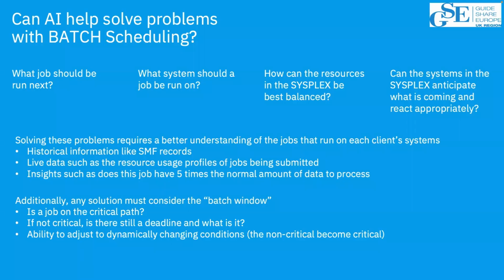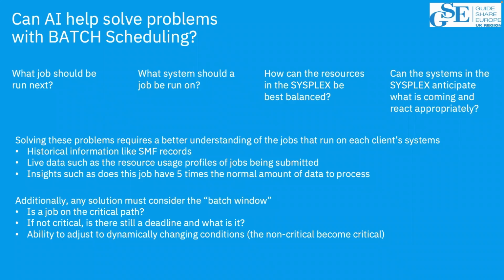So the idea is to use AI to solve problems that are quite common with batch scheduling. What should be the best job to run next? What system should a job run on?